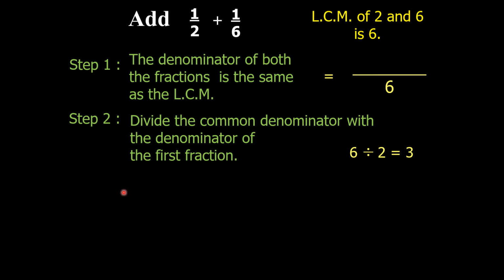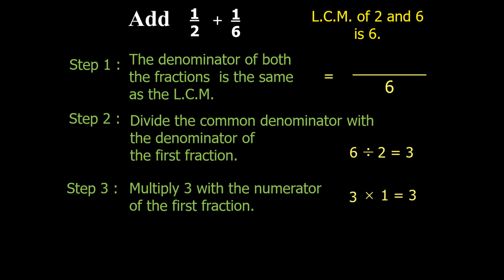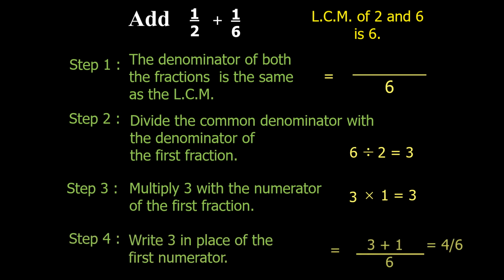So into 3, into 3. So the next step is we should multiply both numerator and denominator by 3 in the first fraction. So we get 3 by 6. 3 plus 1 is equal to 4 divided by 6 is the answer.